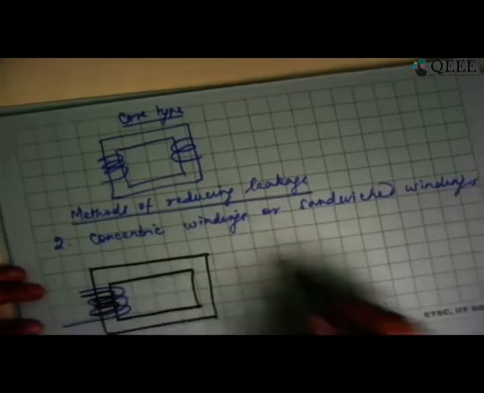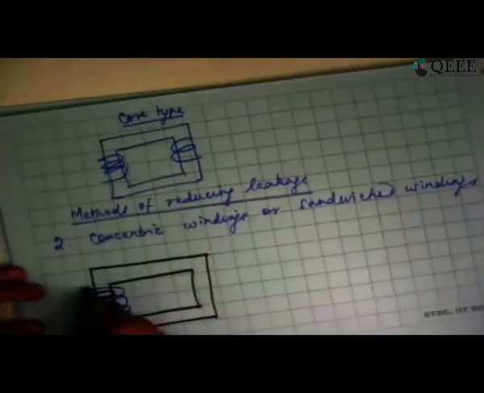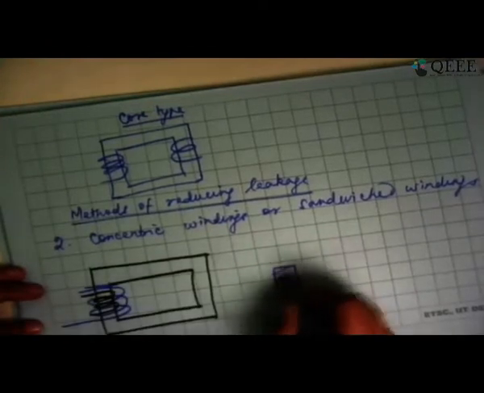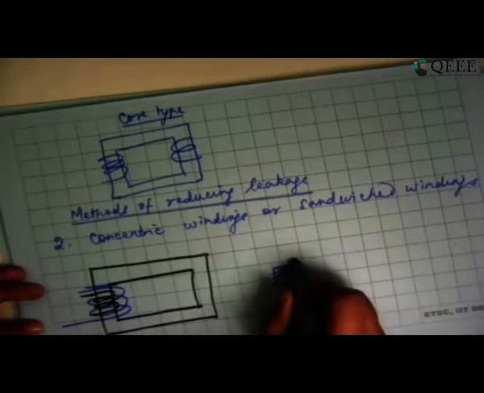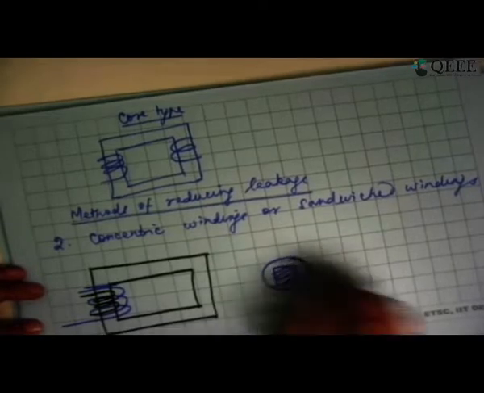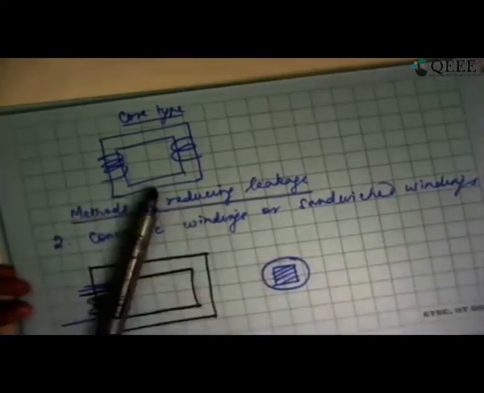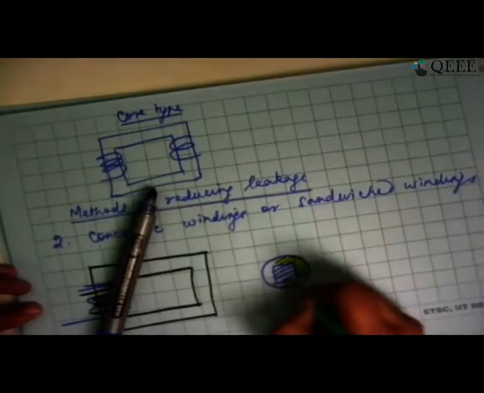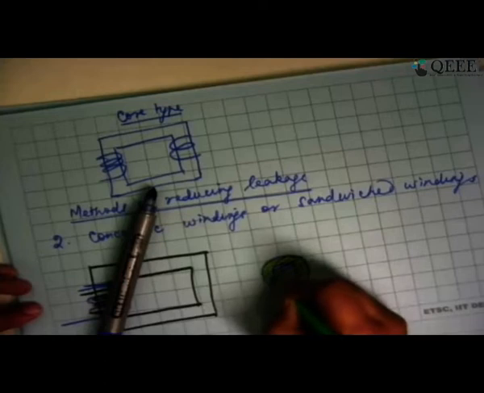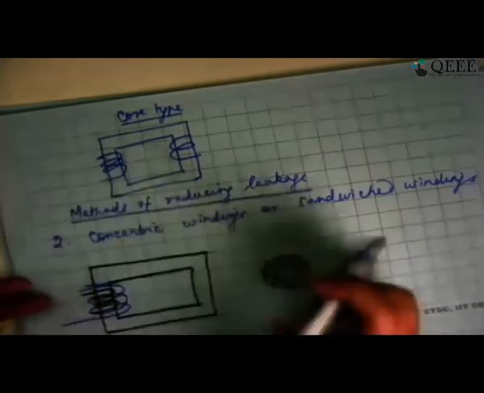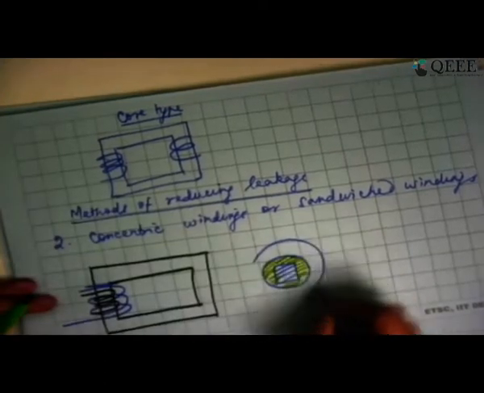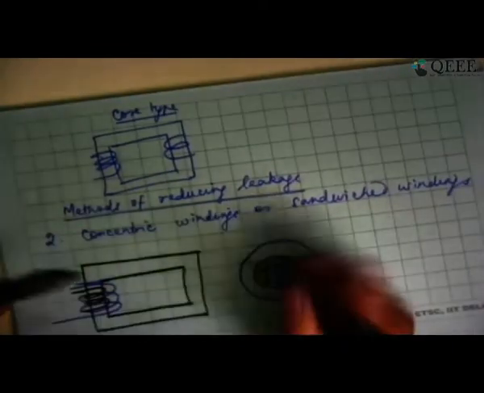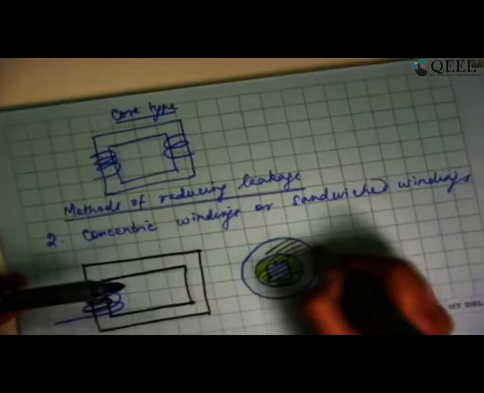What I mean is, if I try to make a cross section here and see, this is probably my core. I am going to have one set of winding which is probably the primary winding here. So whatever I am showing in green, let us say, is primary winding. And around that I am going to again have one more winding which I am showing as the secondary winding.